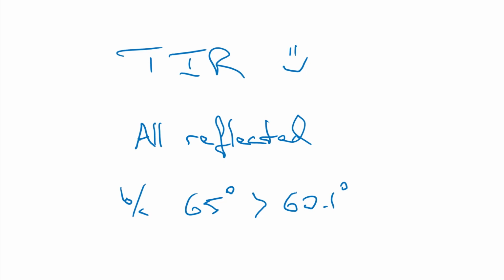Why is it not possible for light to be totally internally reflected when it travels from water into glass? Right, well, the thing about total internal reflection is that there's a caveat.